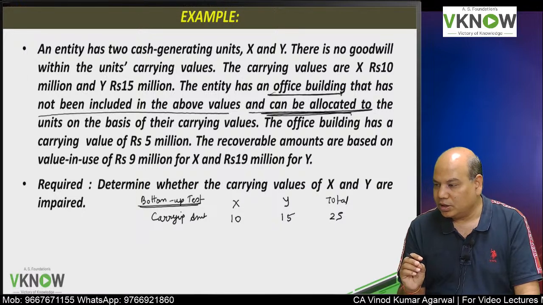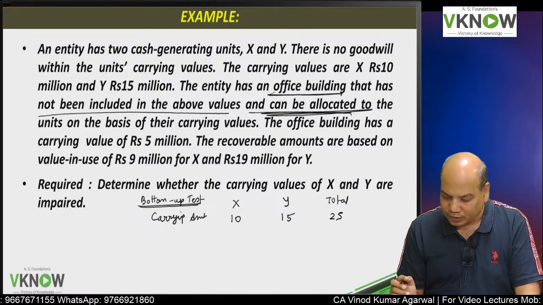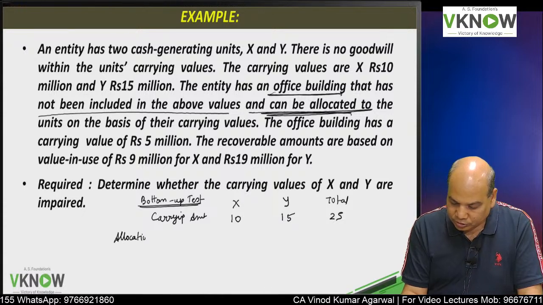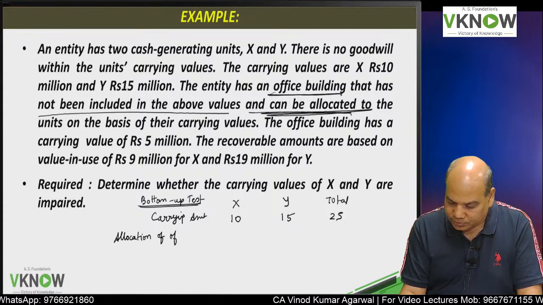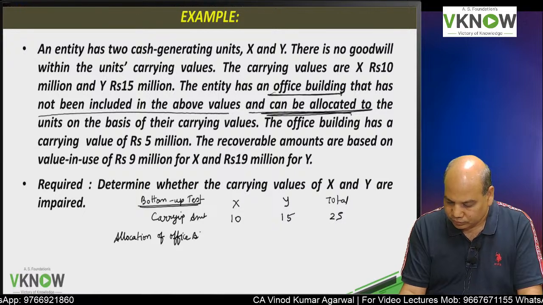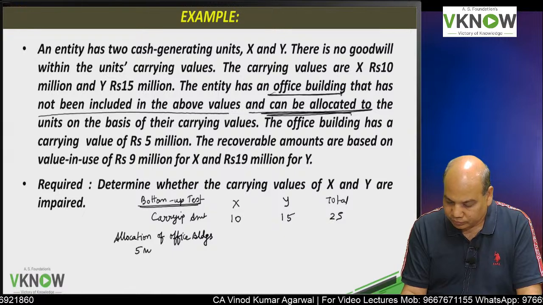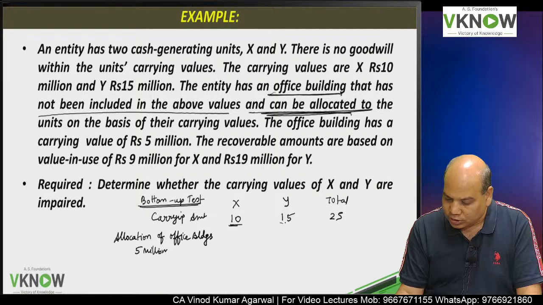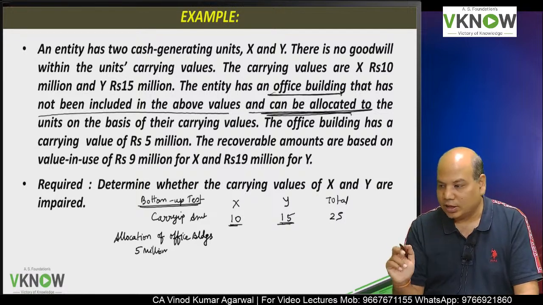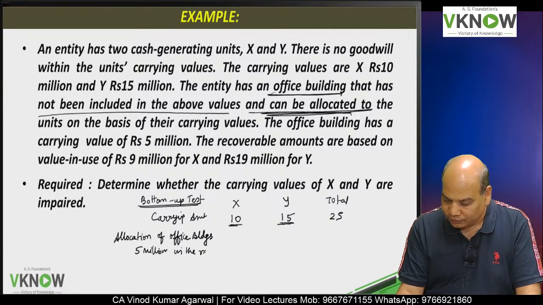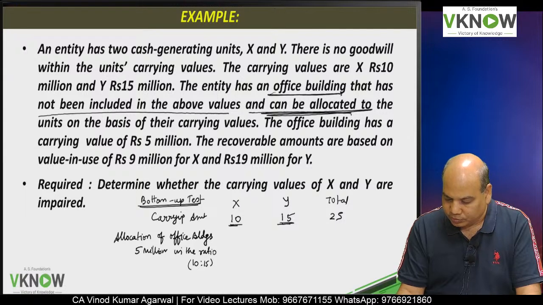The office building has a carrying value of 5 million. So we are going to allocate the office building 5 million. What is the ratio I will use? There is no other information except the carrying amount, so I can use the ratio of the carrying amount, 10:15.